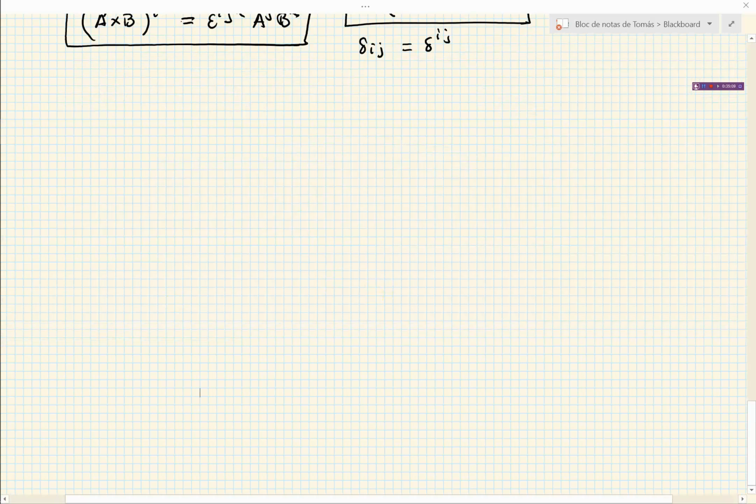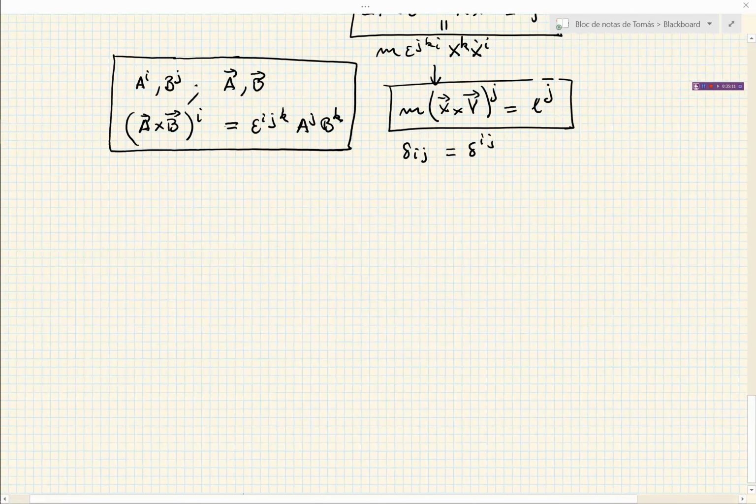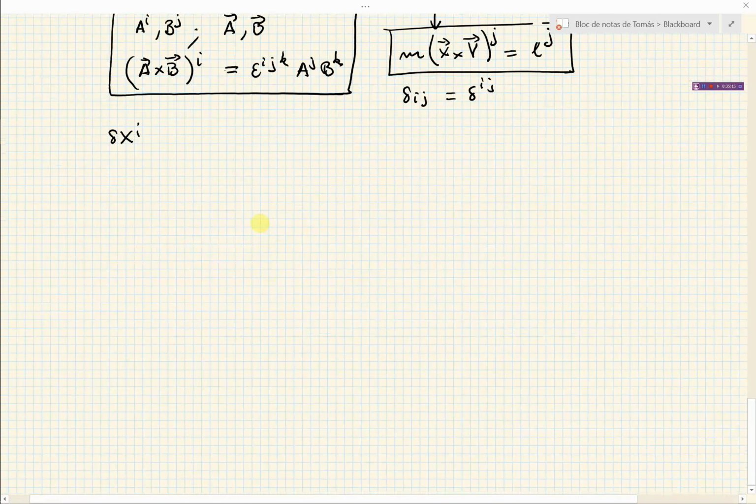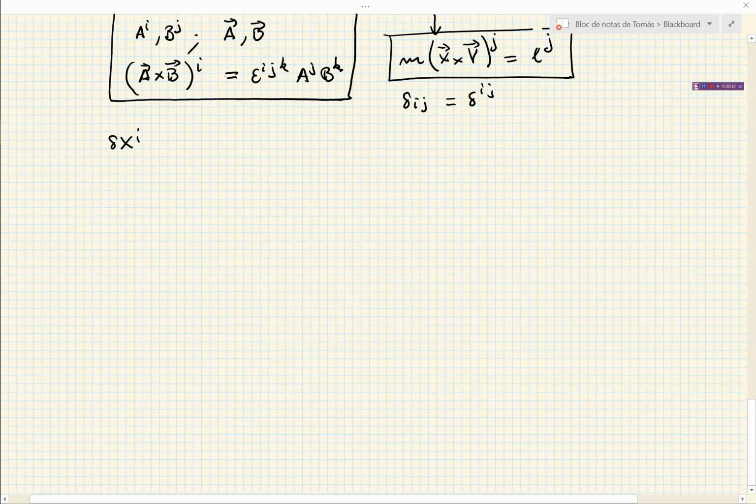So when I perform this infinitesimal transformation delta xi, what can happen is that delta S, instead of being exactly 0, is a total derivative. So it will be something like this, always proportional to variations of the xi's.